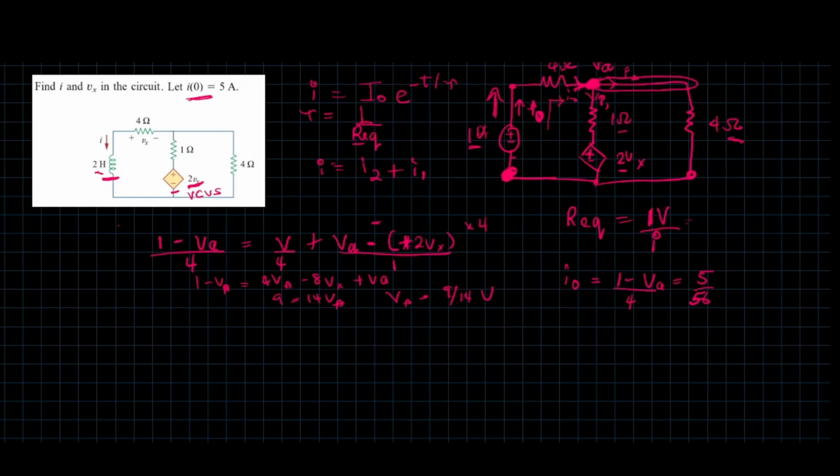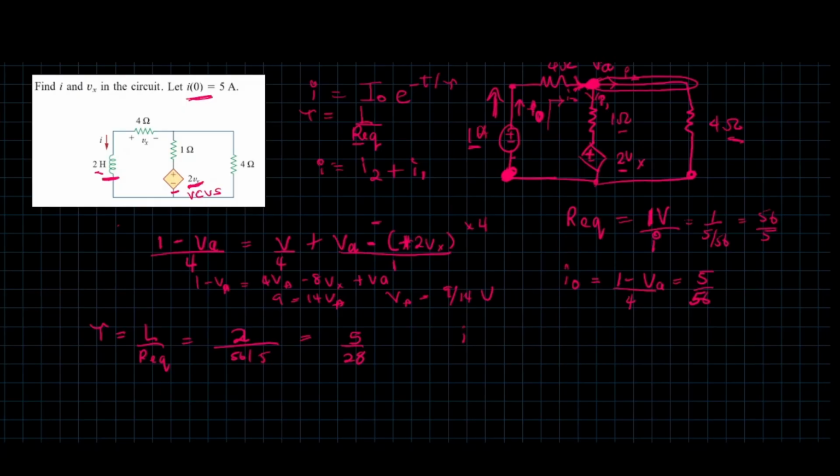So therefore, R_eq is going to be 1 over 5 over 56, which equals 56 over 5. Therefore, tau, let's come down here. Tau is going to be equal to L over R_eq, right? So it's going to be equal to the inductor L, which is 2 henry, over what is R_eq, which is 56 over 5. Simplify this, you're going to get 5 over 28.